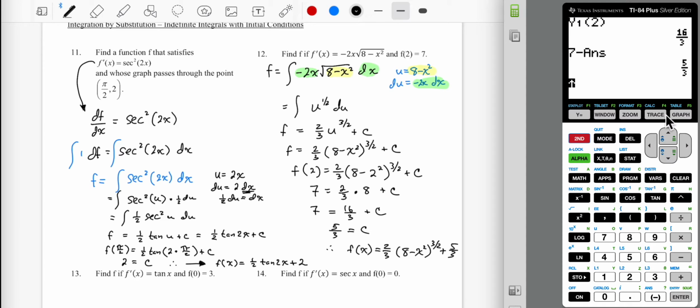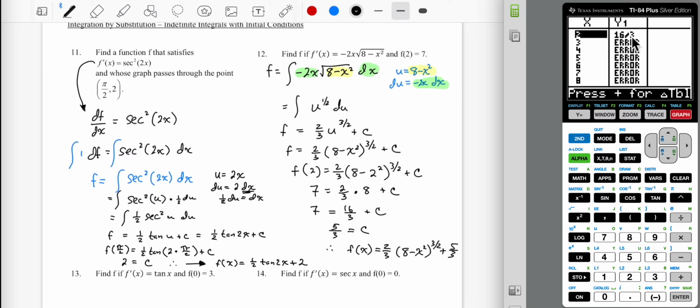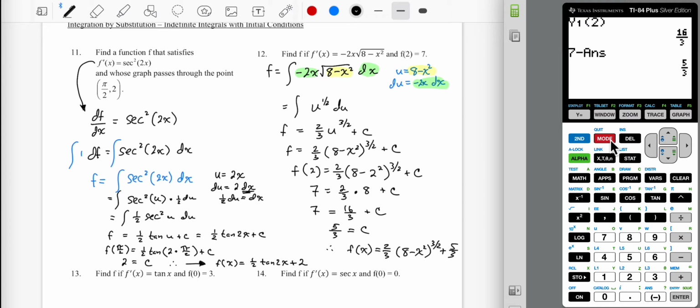You could also go into the table, second graph, and go to the x value of 2, y value 16 thirds. You could also, since you know you're going to do 7 minus whatever you would get when you evaluate the function for 2, do 7 minus y1 of 2. A bunch of different ways.